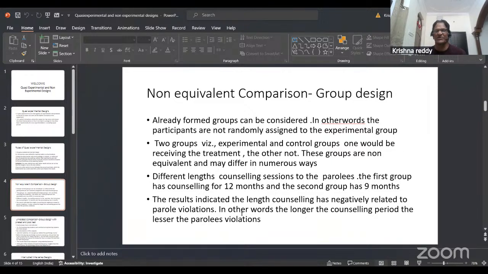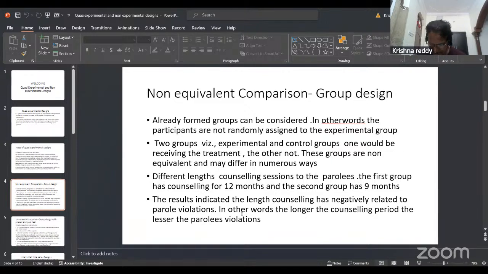Two groups, experiment and control groups, are necessary. One would be receiving the treatment, the other will not receive any treatment. These groups are non-equivalent and may differ in numerous ways. With regard to gender, they differ. With regard to IQ, they differ. With regard to socioeconomic status, they differ. With regard to locality, they differ. With regard to occupation, they differ.